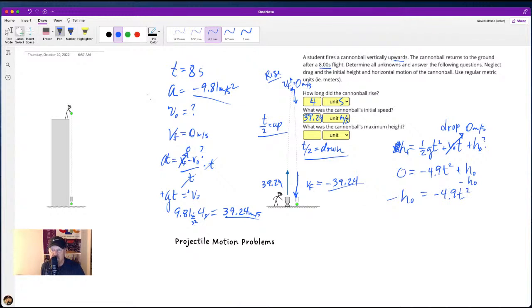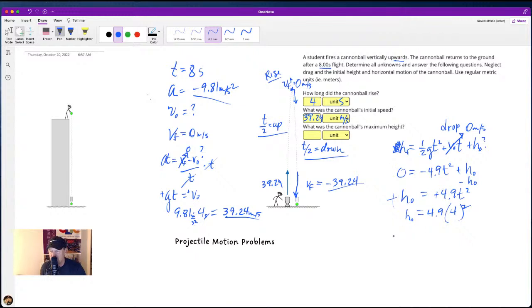For us, t is 4, and we have negative on both sides, so those go away. So height initial is 4.9 times 4 squared. 16 times 5 is about 80; 16 times 4.9 is 78.4 meters.